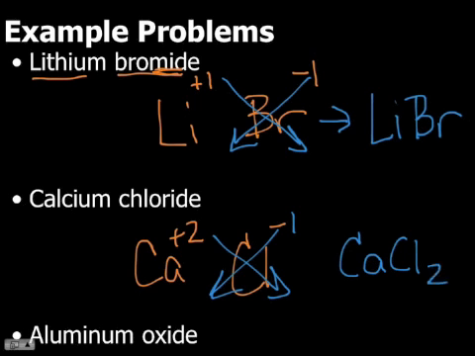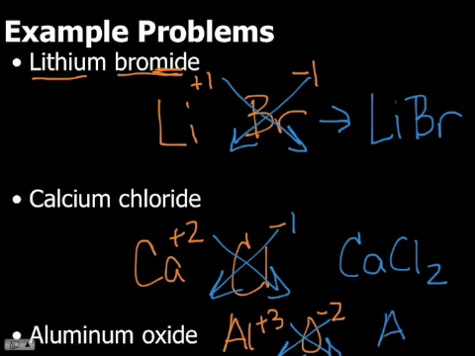Okay, my last one here, aluminum oxide. Aluminum is a +3 because it's in group 13. Oxygen, -2. Cross my charges here, and I end up with Al2O3.